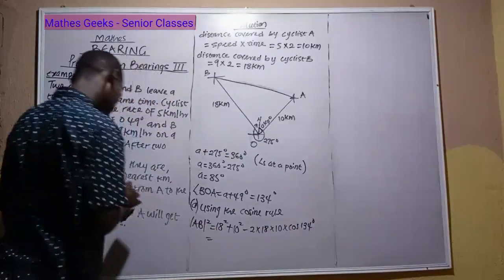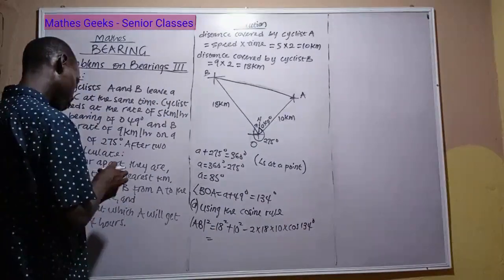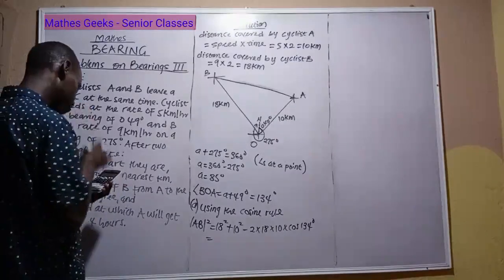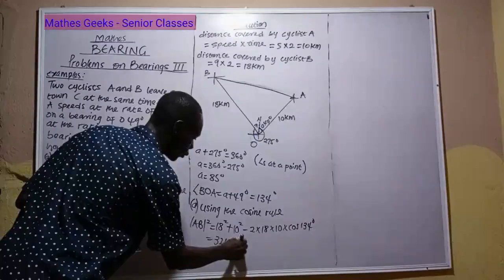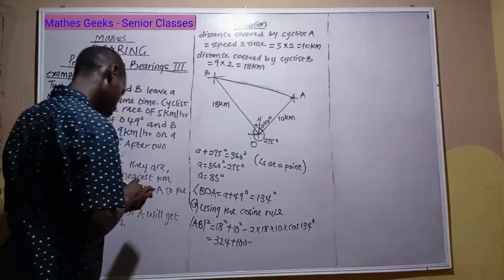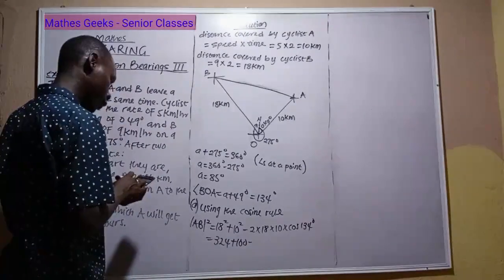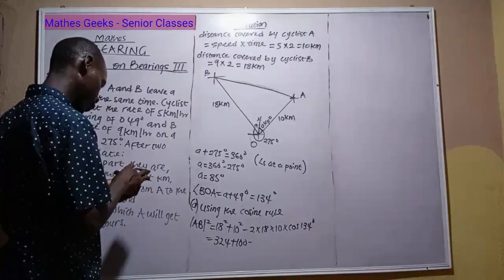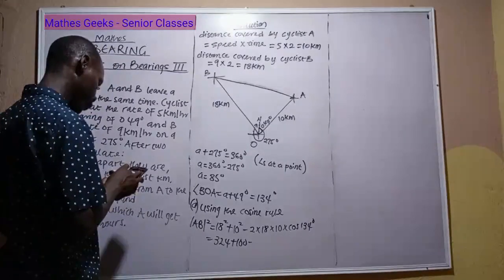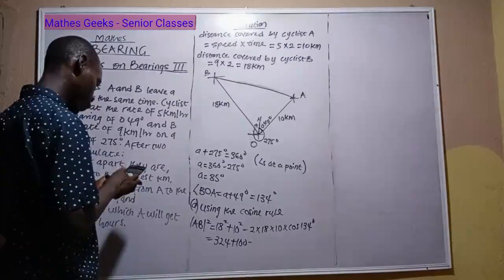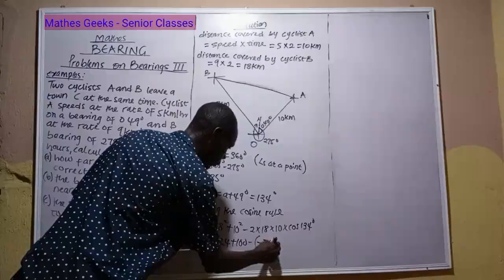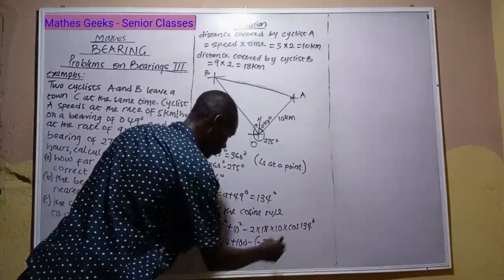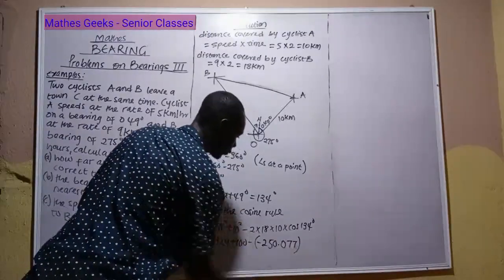And this will give me 324 plus 100 minus 2 times 18 times 10 times cos 134, which is plus 250.077.